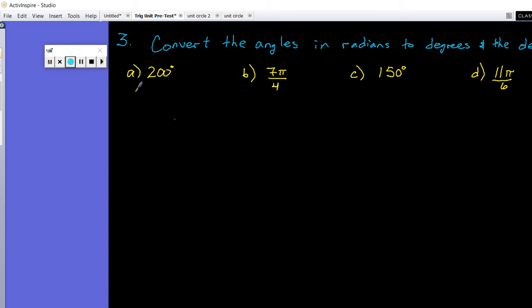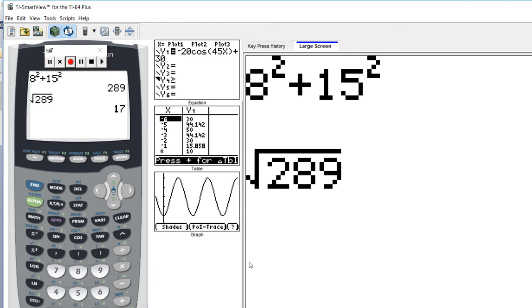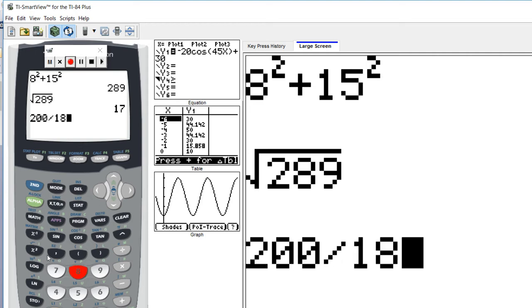So, to convert from degrees to radians, you times it by pi and divide it by 180. You can do that on your calculator if you want. We're not going to actually times it by pi, we're going to leave it there. We're just going to go 200 divided by 180.